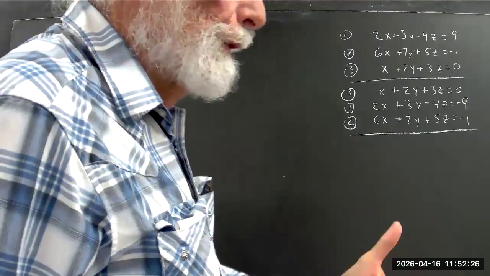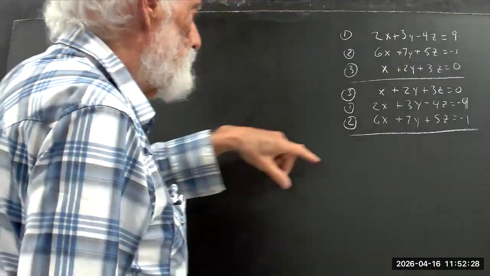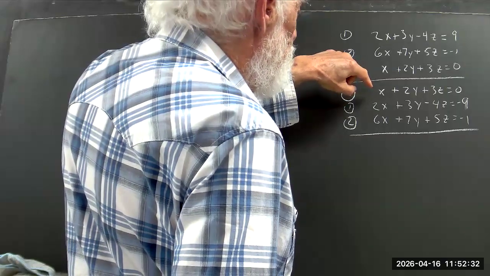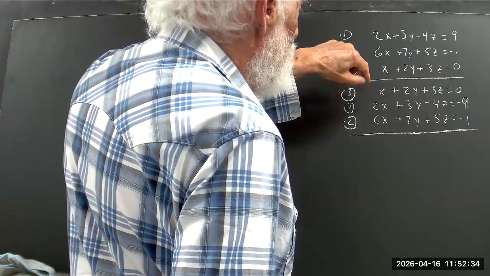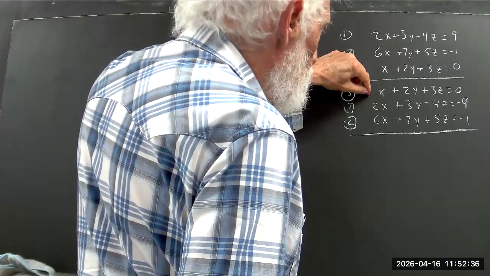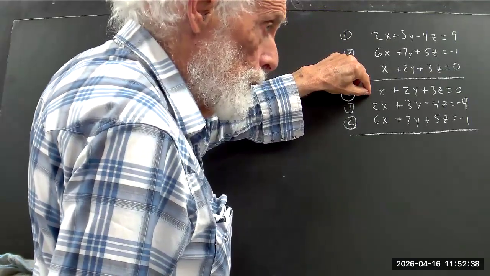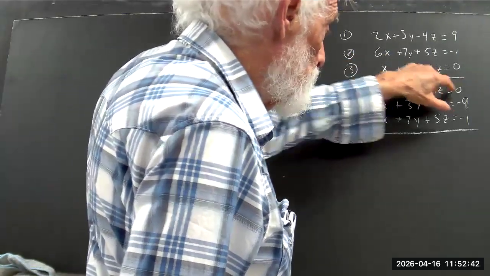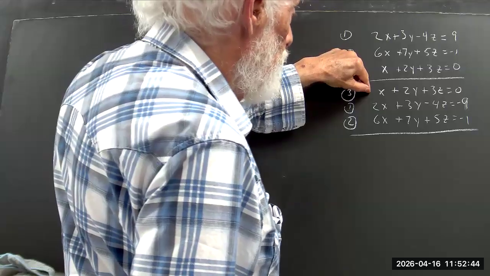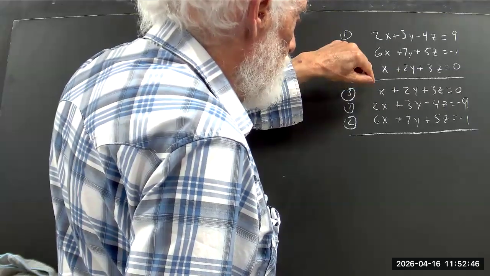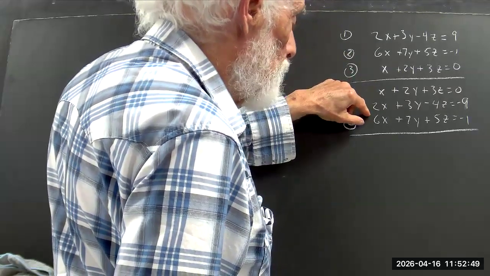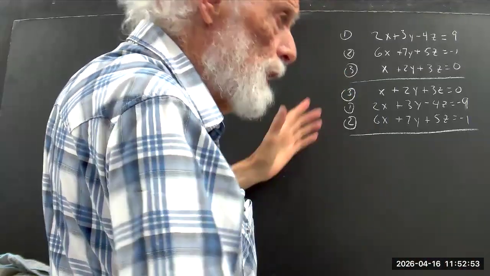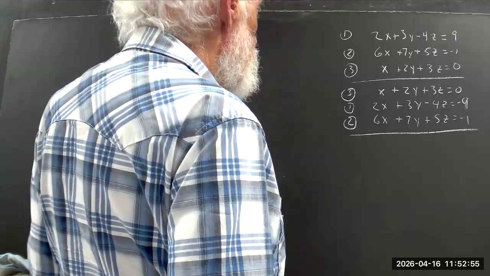Now I can do things here. If I multiply the first row by -2, I'm going to have a -2x, and then some other stuff, but the -2x is what I want to look at, because if I then add the first row to the second row, which has a 2x, my x's disappear.